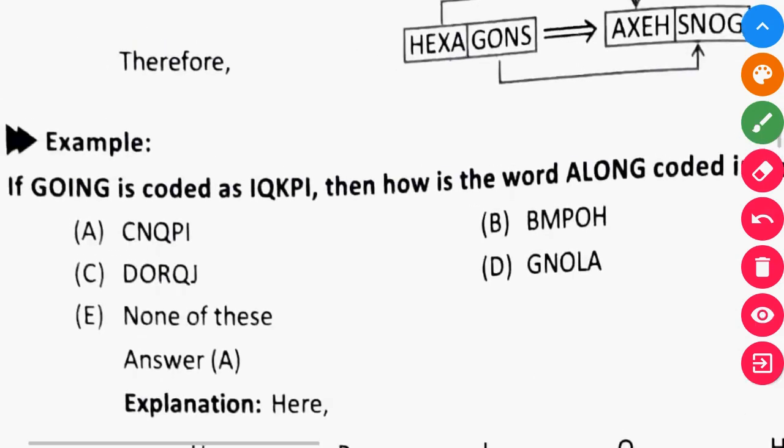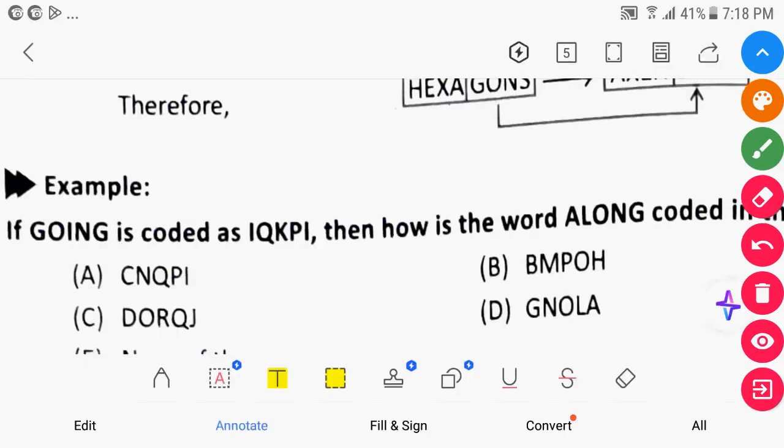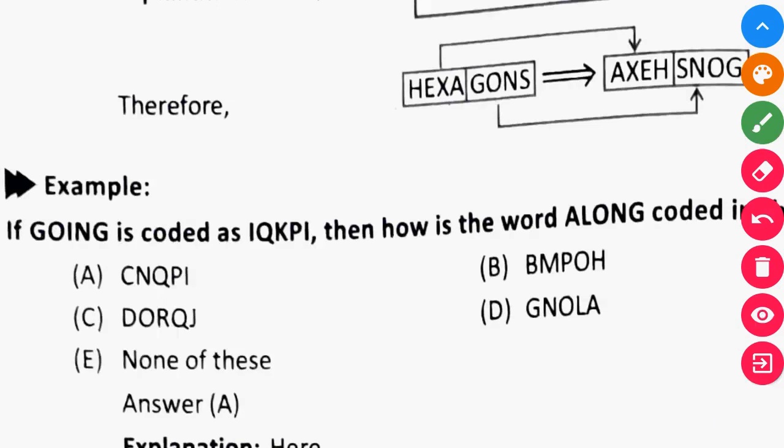Okay, now here something different is there. Now they had not reversed the sequence of letters or interchanged their arrangement. Here they had assigned different letters for the given letters. So for G they had used I, for O they had used Q. So what is the relation between G and I? We have to find. A, B, C, D, E, F, G, we recall, then after G comes H, and I is coming, meaning we are skipping one letter.